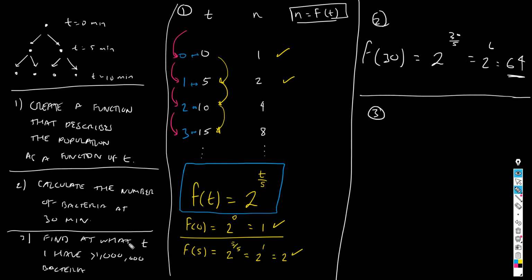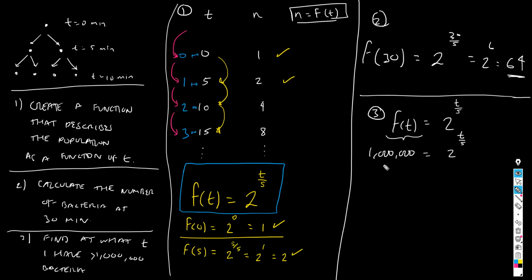And number 3, find at what time we have a population of bacteria greater or equal than 1 million. So again, I use my function. This is my function, f of t, which is the population of bacteria, equal to 2 to the t over 5. And I need the population of bacteria to be 1 million. So I substitute 1 million equals 2 to the t over 5.